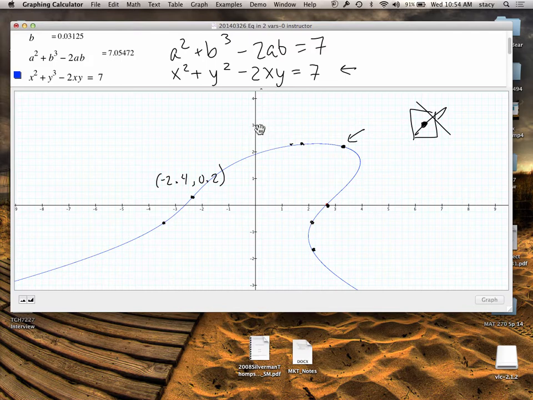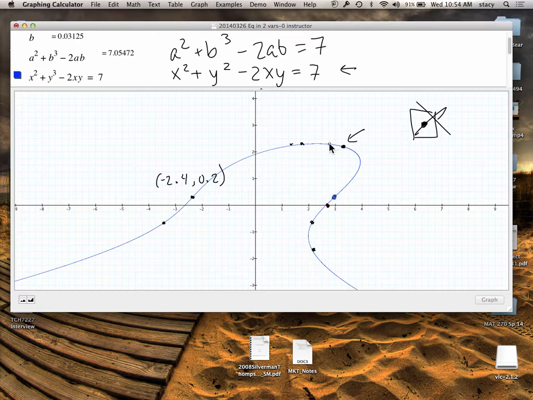What does the vertical line test tell us? Okay, so that would be a violation of being a function, right? So if for a given, so let's say like at x equals 3, right?